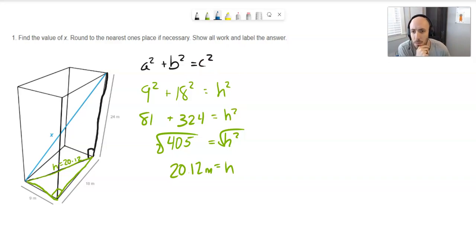And so, again, we're going to use the same formula. I now have both legs that I need here. So it would be 24 squared plus 20.12 squared is going to equal x squared.